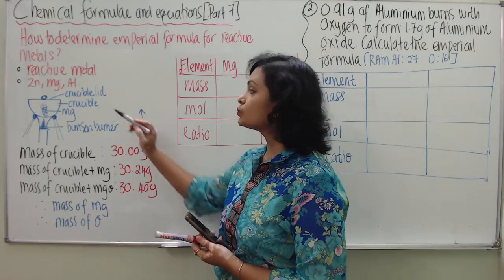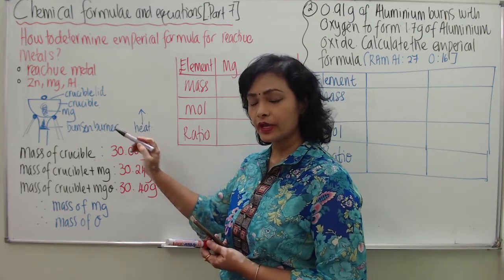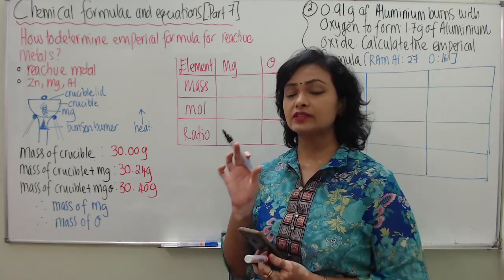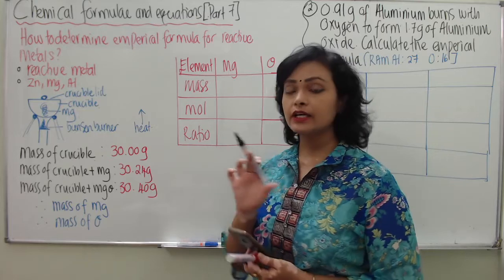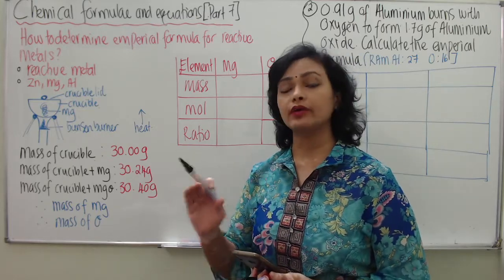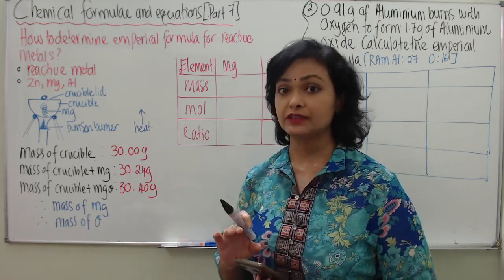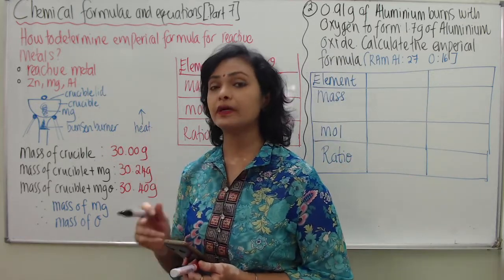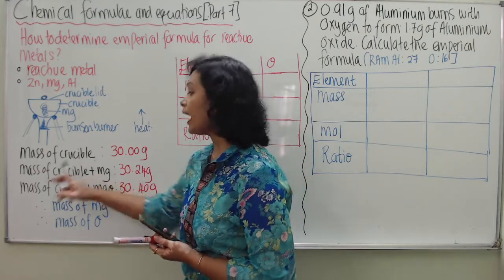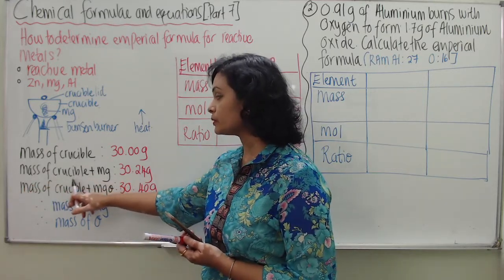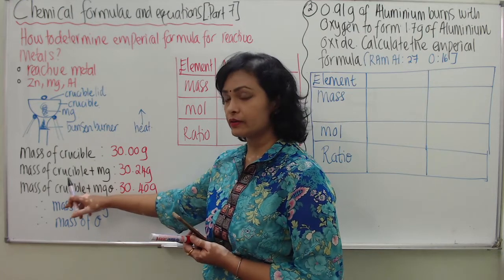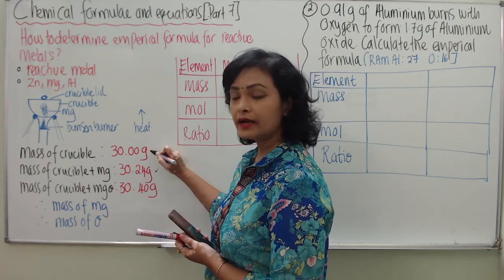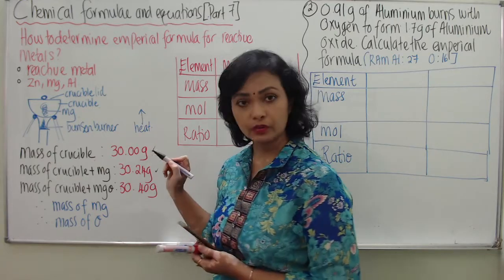Then students will coil a magnesium ribbon which has been cleaned with sandpaper until you can see the shiny part of the magnesium. Put it inside the crucible without the lid, and take the mass of the crucible.